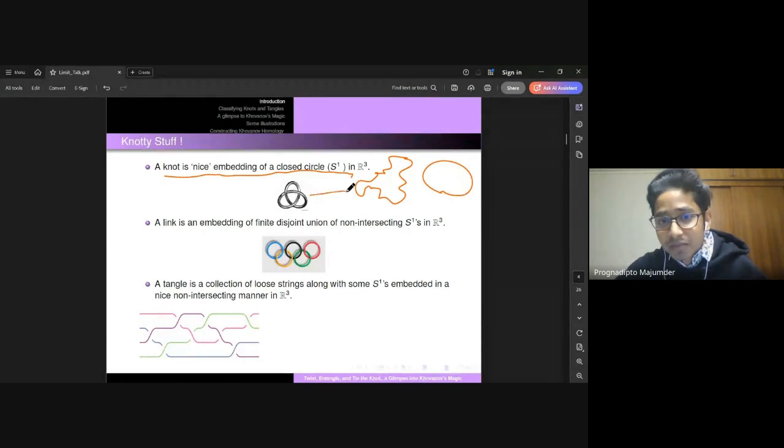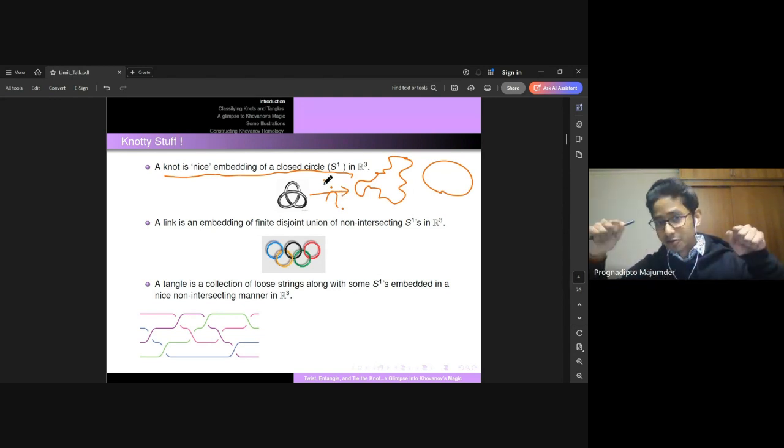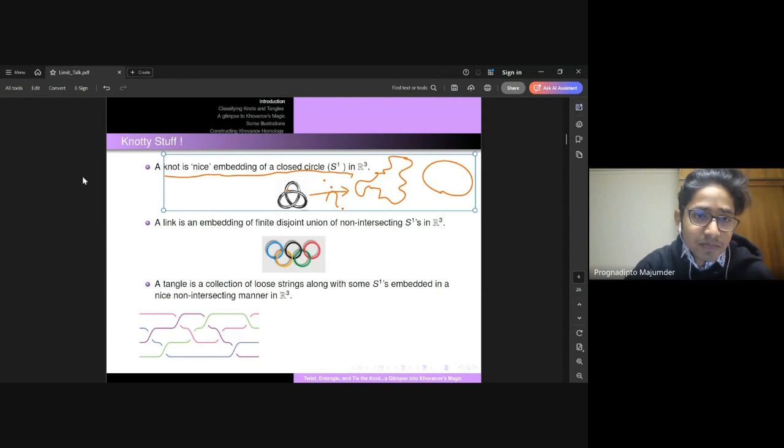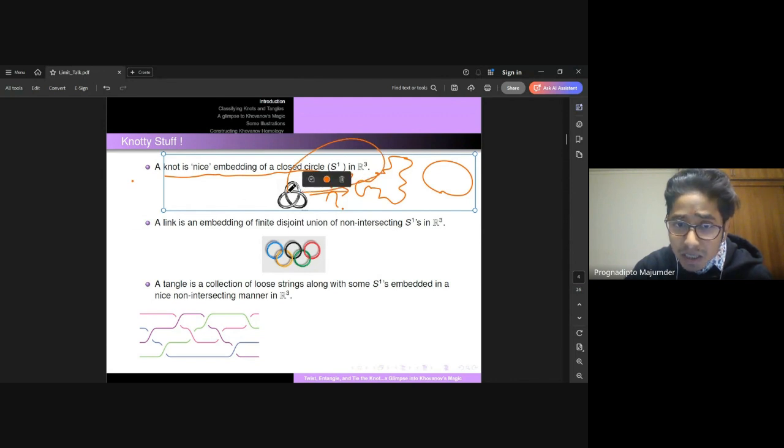Now you say, how does the trefoil become the S1? How do you transform this to this? Under nice embeddings, why is this equal? That's the first question. So you have some knot, you tie the knot. How do you tie the knot? This part, you choose one part, your favorite part. This part you expand and the other parts become smaller and smaller.